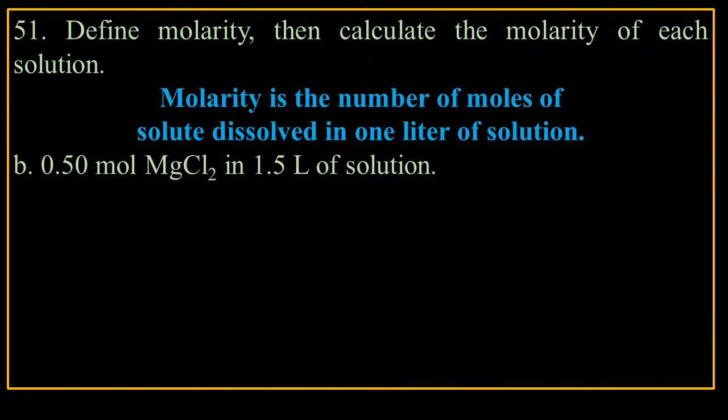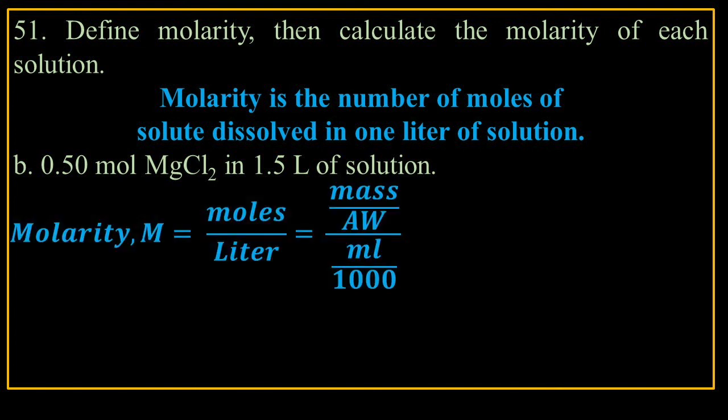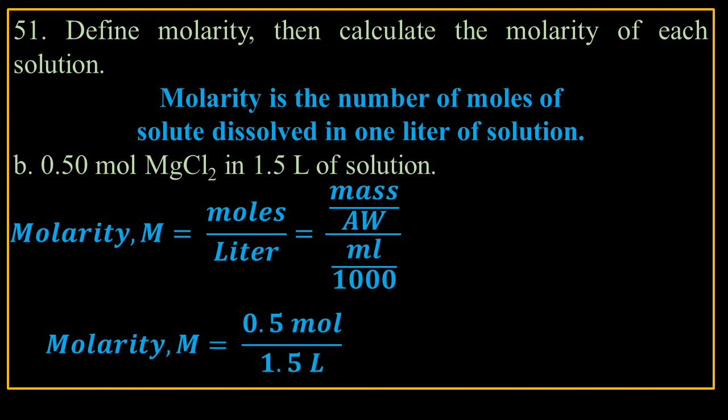B looks like 0.5 moles of magnesium chloride in 1.5 liters of solution. So it's going to be 0.5 divided by 1.5 is going to be the answer. So 1/2 divided by 3/2.